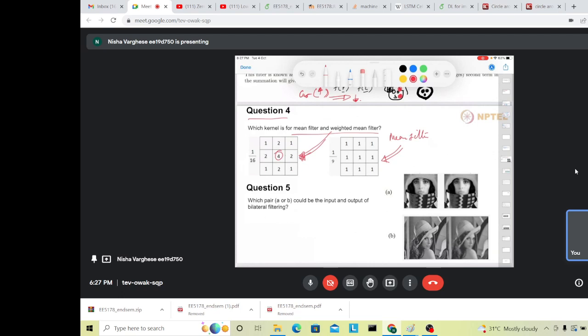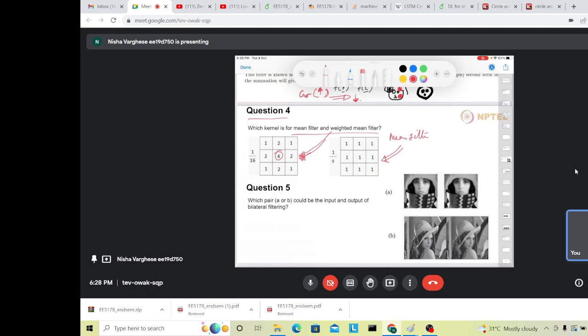Okay. Question 5. Which pair A or B could be the input and output of a bilateral filter? So what would be the answer? A bilateral filter is used in the case of edges. If an image has more edges and you are using any other mean filter or this weighted mean filter, this will blur the edges.